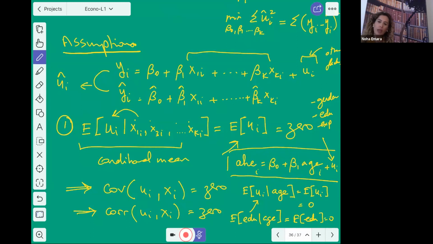So it might be unrealistic, because we know that as the person gets older, the education or the years of schooling increases. There is a positive relationship. It might also be true that there is a connection between age and experience. Whether there is a correlation between age and gender all depends on my sample.